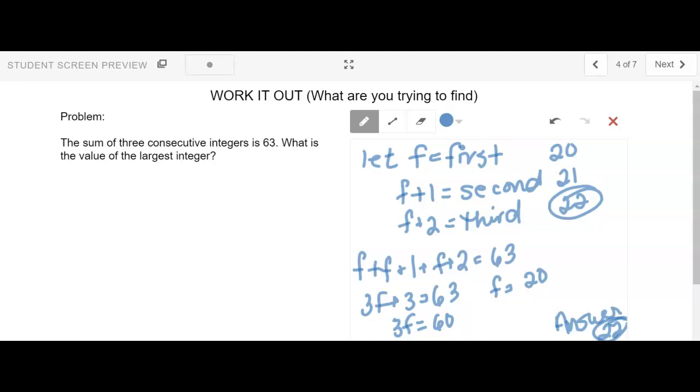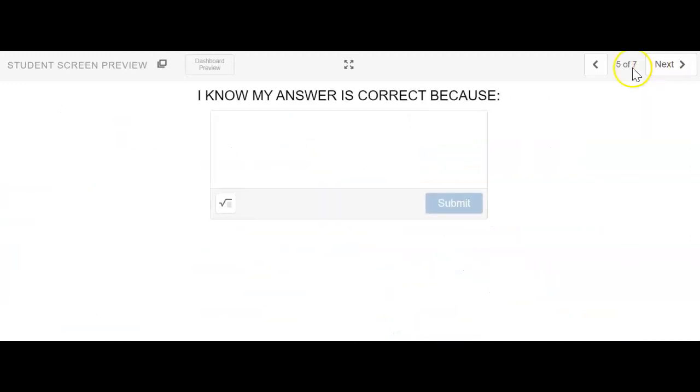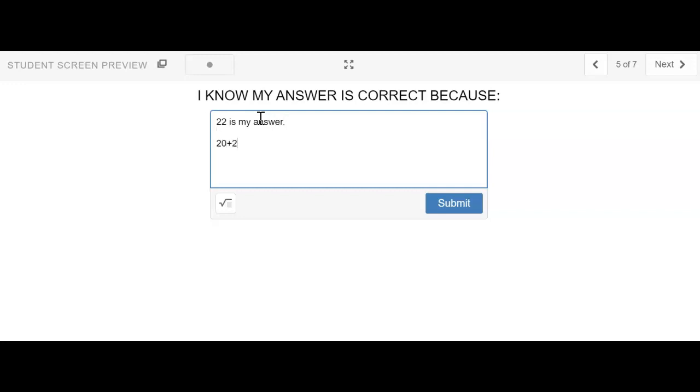On the next screen, it says, I know my answer is correct because... in this case, 22 is my answer. And I know it's the correct answer because 20 plus 21 plus 22 is equal to 63, and 22 is the largest number.